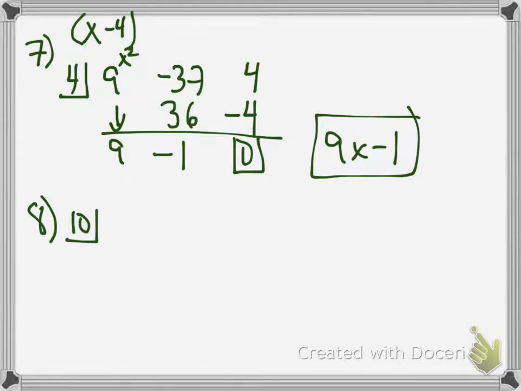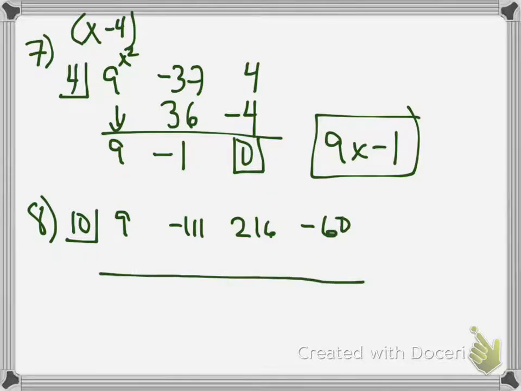On number 8, I have a positive 10, because again the opposite of a minus 10 is positive 10. And I would have 9, negative 111, negative 200, or positive 216, and negative 60. What are some of these people thinking? Anyways, I'm bringing down the 9. Again, 9 times 10 is 90. Negative 111 plus 90 would be negative 21. 10 times negative 21 is negative 210.